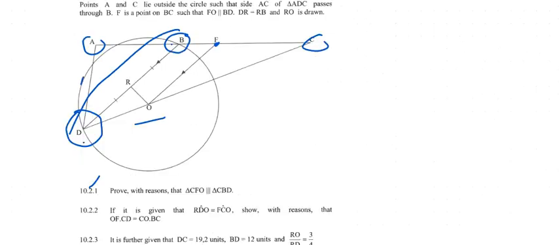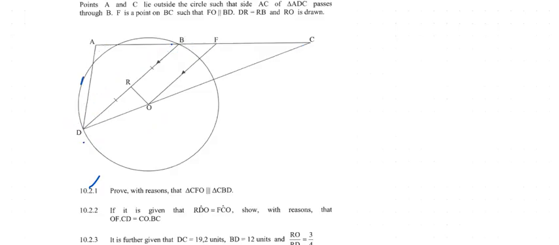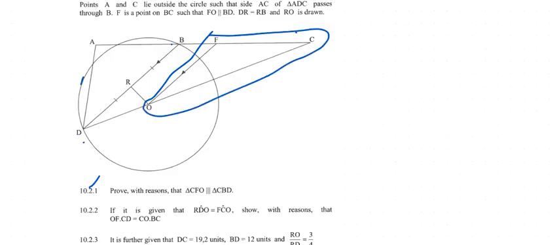Triangle CFO. Where is the point CFO? This triangle, I just point out, is similar to CBD. Where is CBD? Okay, this is BD and this is CD. So we have to prove that they are similar, all right? So how do we prove it?